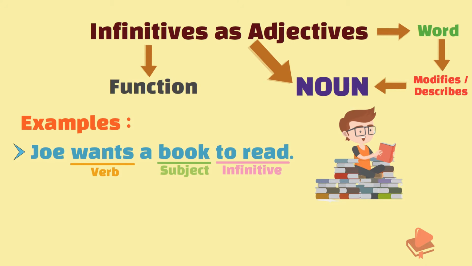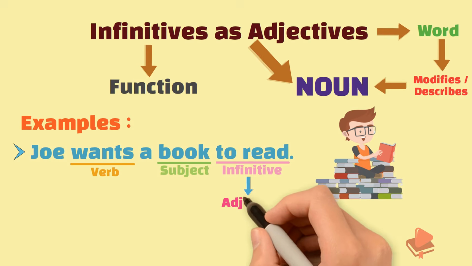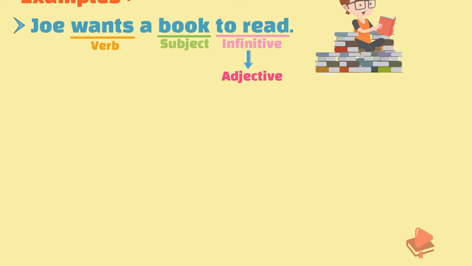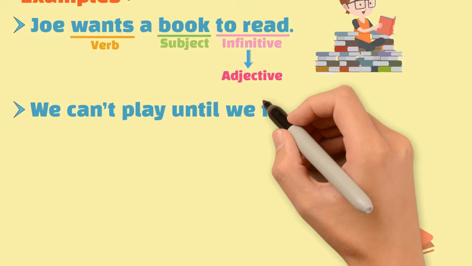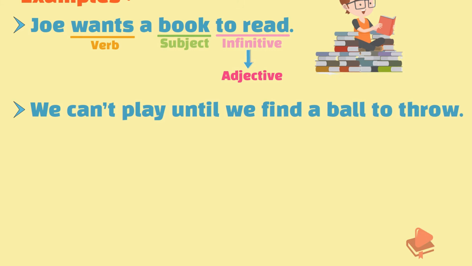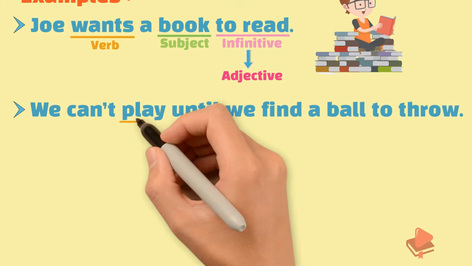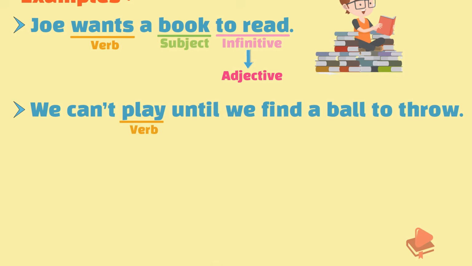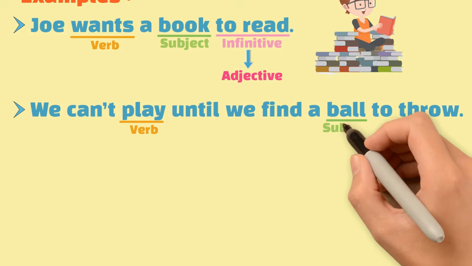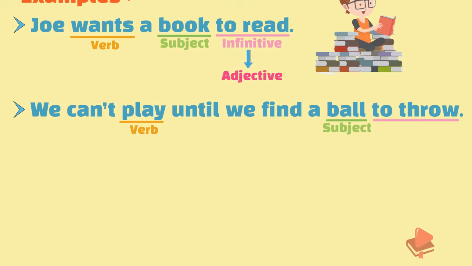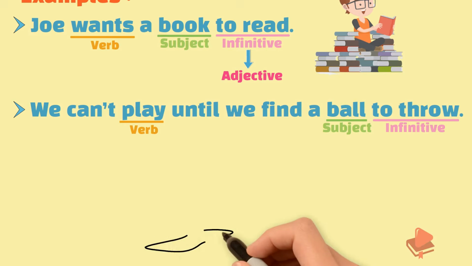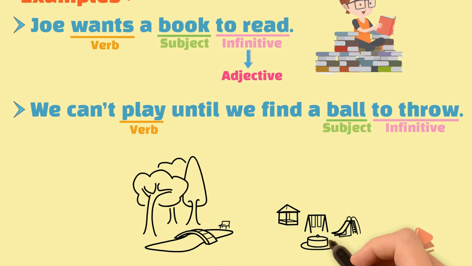So in this sentence, the infinitive functions as an adjective. Let's understand with one more example. We can't play until we find a ball to throw. In this sentence, the verb is play, the subject is ball, and we also see the infinitive to throw, which is describing the noun ball.